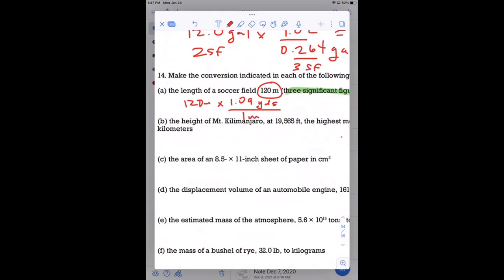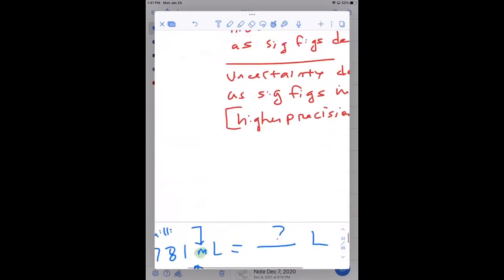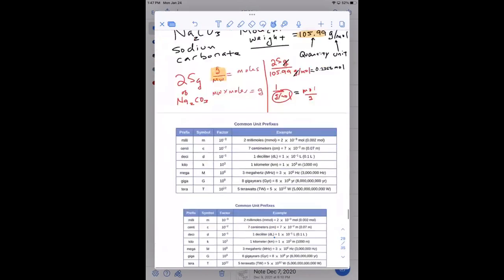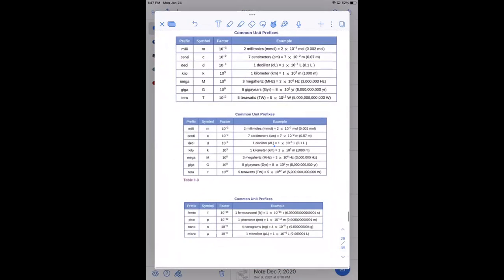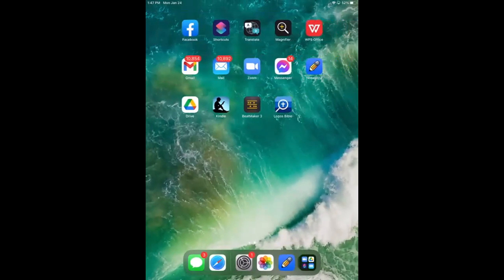So it was 1.09 yards in 1 meter. That's the number that we used the other day. Matter of fact, let's go back to it. Oh, it's on a different document. Hold up, let me look.